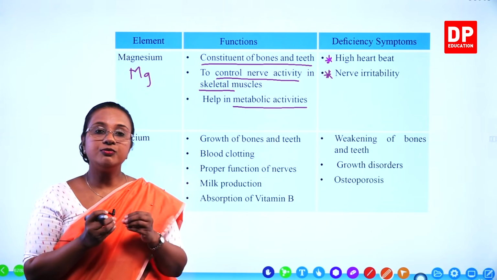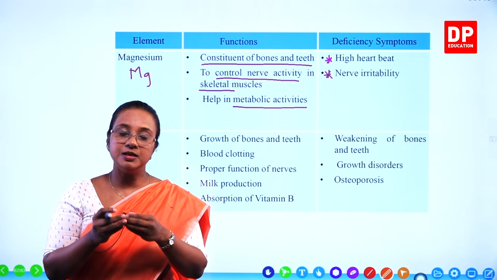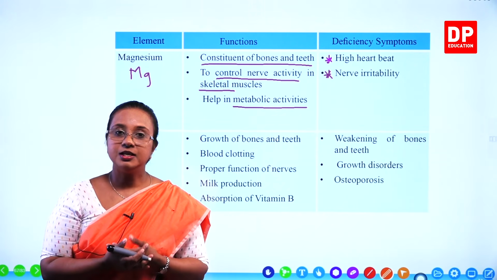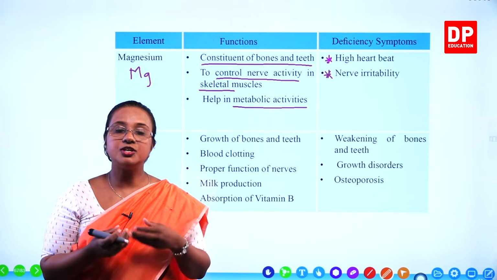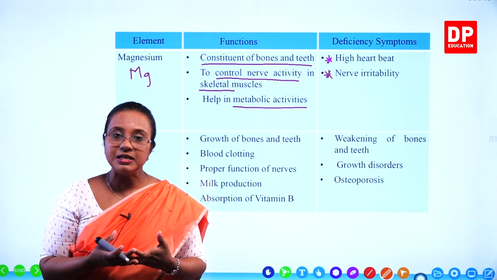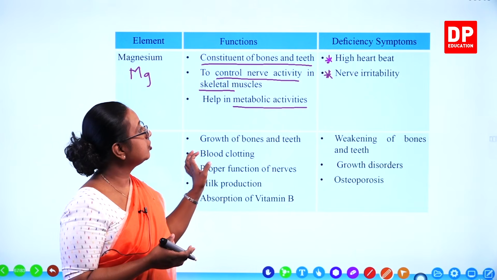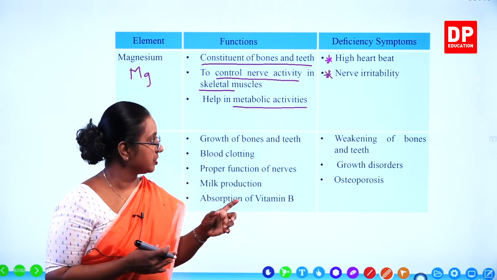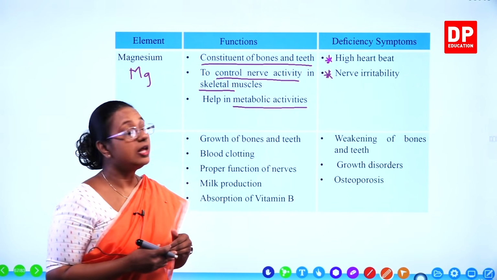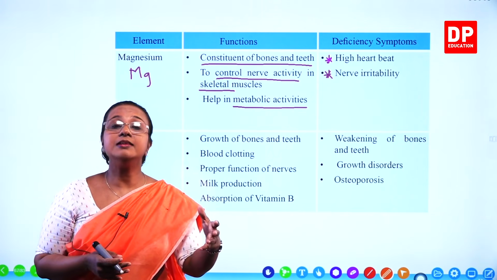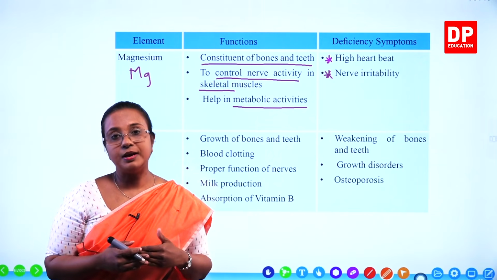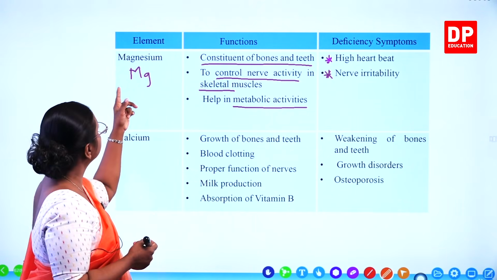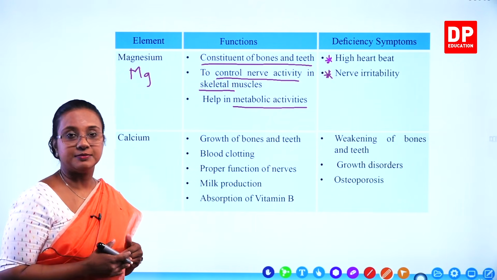Nerve irritability, you feel a sensation, maybe the tip of your fingers or your hand or the sole of your leg. You can feel a burning sensation or a sensation irritability. All that is due to the deficiency of magnesium. That is possible. And also the heartbeat can increase more than the normal rate. So these are two symptoms caused by the deficiency of magnesium.